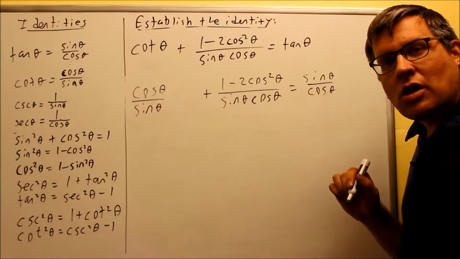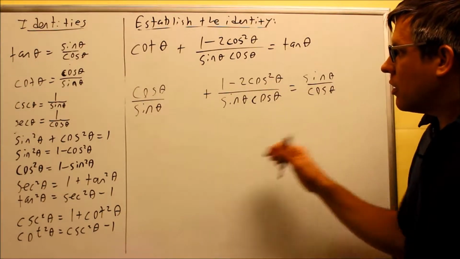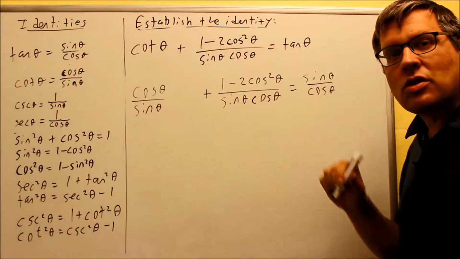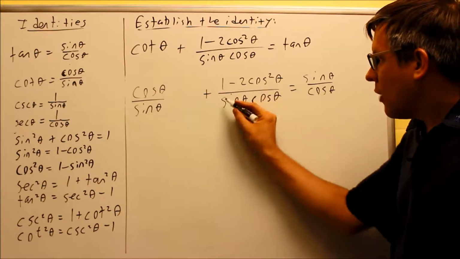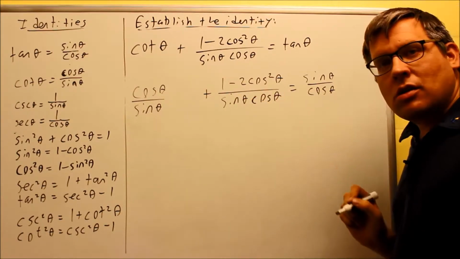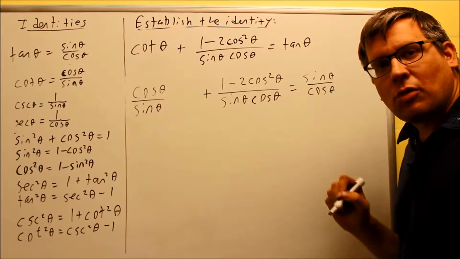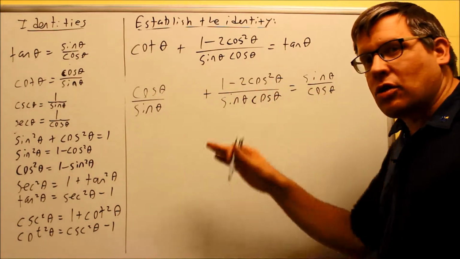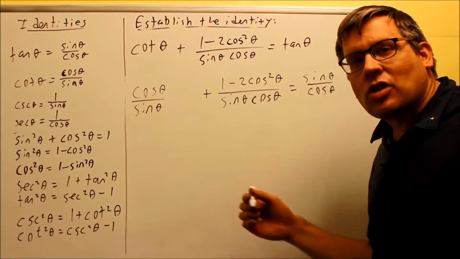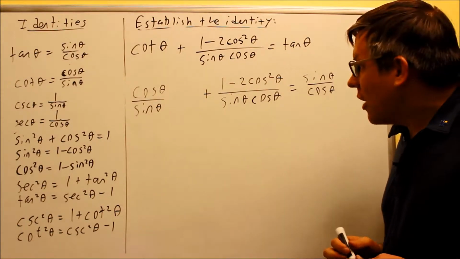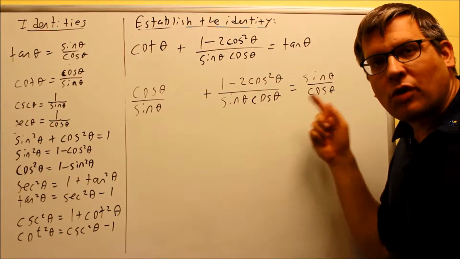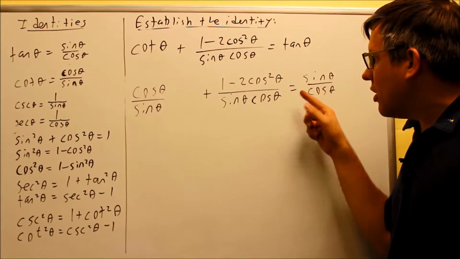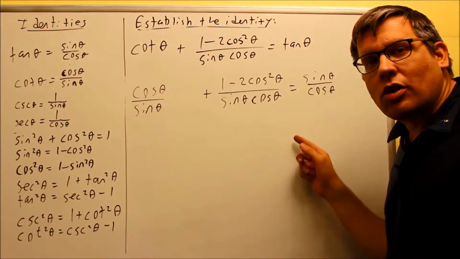The other strategy we talked about was that if you have two different fractions, you want to change these into common denominators. Our common denominator here is going to be sine theta times cosine theta. A question you might be thinking is, can I just multiply both sides by the common denominator to clear out all the fractions? The answer is no. As I mentioned in a previous video, we haven't yet established that this equal sign is really an identity.